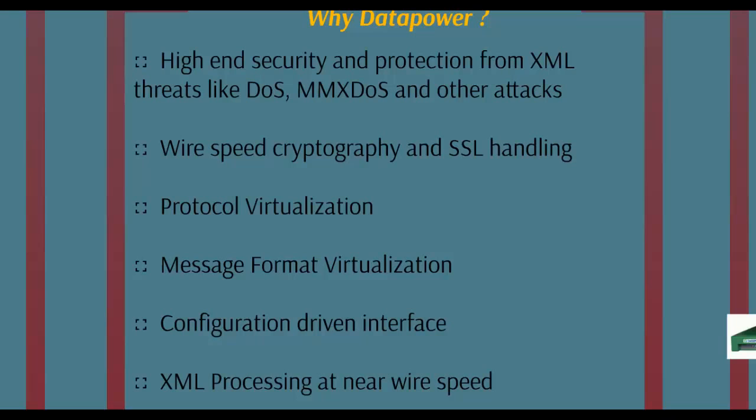There is a need to convert the SOAP content to JSON, and such message format conversion is achieved through Datapower, and that too with configuration only, without writing a single line of code.